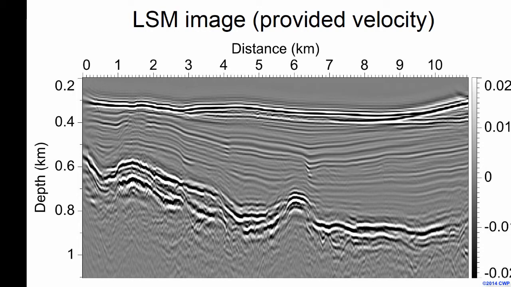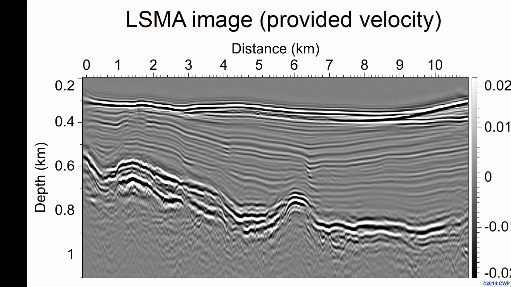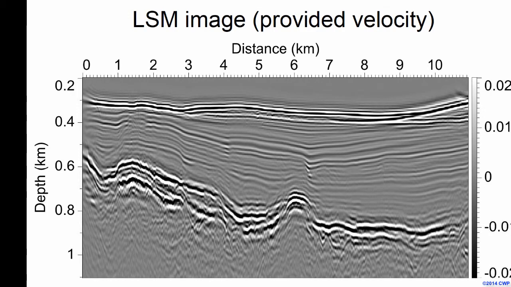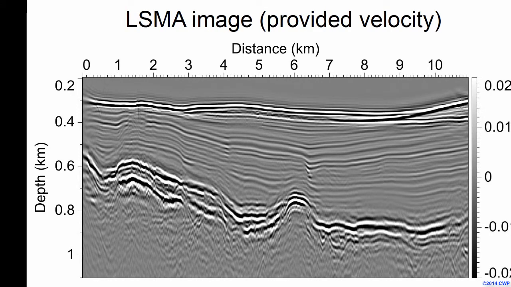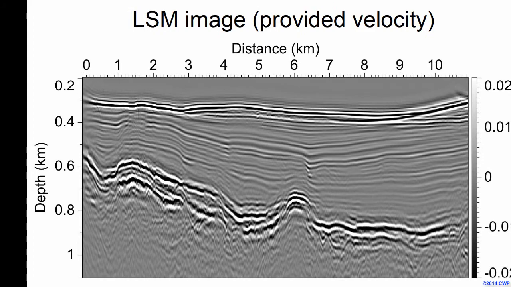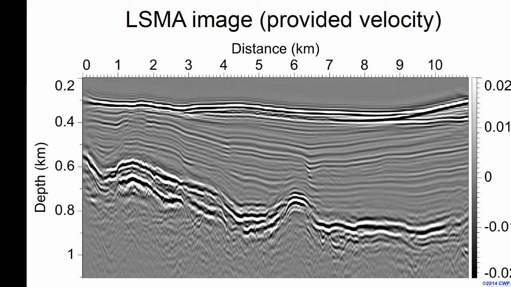So here's the least squares image now, and here's the amplitude-only image. Least squares, amplitude-only. For example, you could look at the reflectors in between 3 and 4 kilometers, and we see that these reflectors tend to move up in the amplitude-only image. So this might be suggesting that we have a low velocity anomaly in that area.